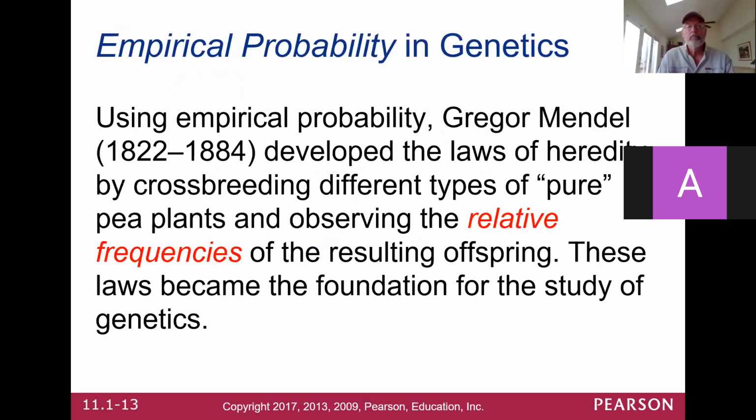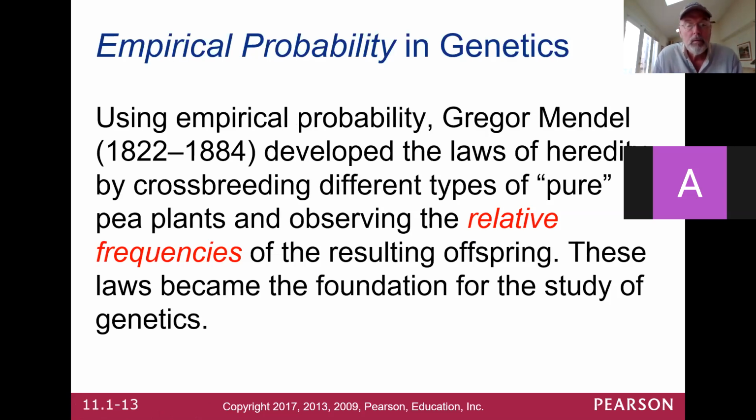All right. So, Gregor Mendel. Mendel in the 1800s developed the laws of heredity by crossbreeding different types of pure pea plants.